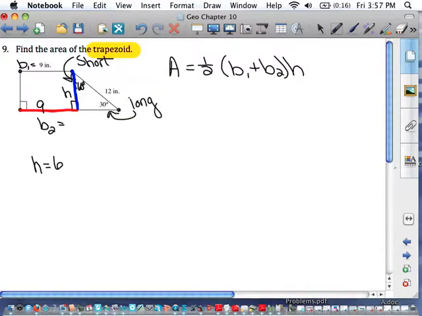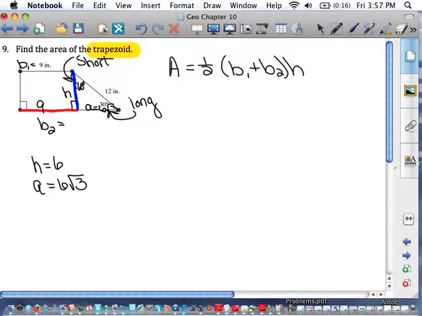The relationship between the long leg, which I'm going to call A in this case, and the short leg is the long leg is the short leg times the square root of 3. So A is equal to 6 square root of 3. So this part is 6 square root of 3.